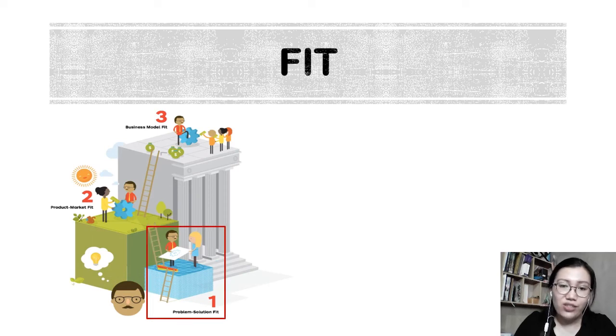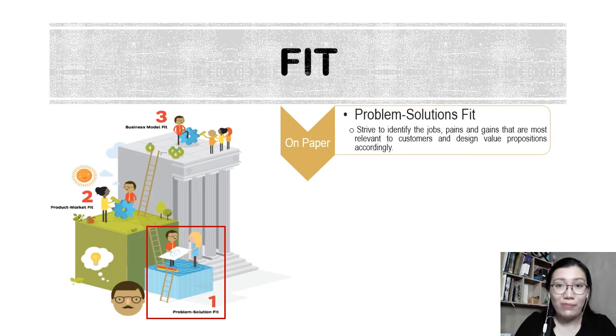The first stage is called the problem solution fit. It is the on paper stage. At this stage, you do not have evidence that customers care about your value proposition. This is when you strive to identify the relevant customer jobs, pains and gains, and design a value proposition accordingly.